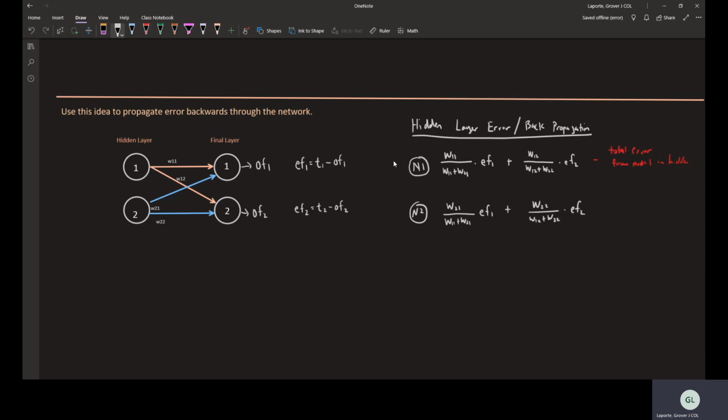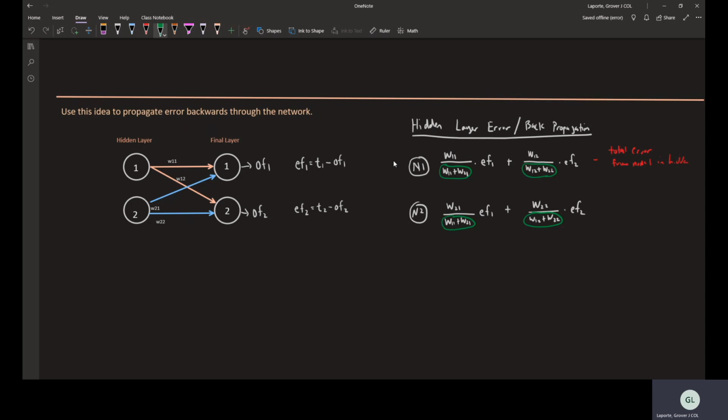But what we want to do now is get rid of these normalizing constants, because it's going to make our lives a lot easier. And by the way, we have learning rates that we're multiplying by these errors and deltas, so we're not finding exact numbers. If we were trying to find the exact real value using one data point, then maybe we wouldn't get rid of the normalizing constant.